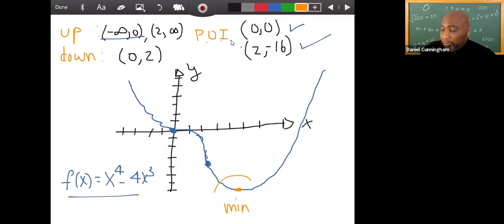If you want to look at some other videos where I talked about increasing and decreasing and finding relative extremums, you can use the first derivative to find this min or max. In this case, we have a minimum, and we want to find the x value and also the y value by plugging into the original equation. And so that's the sketch of our graph with the concavity and also the points of inflection.